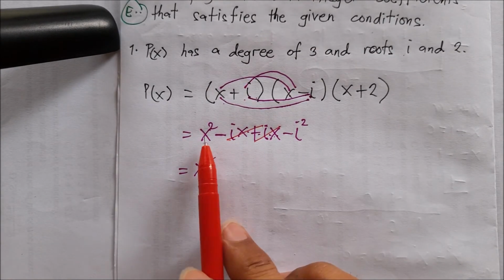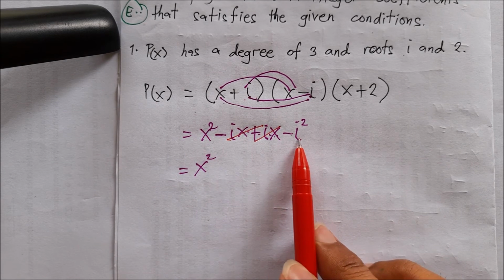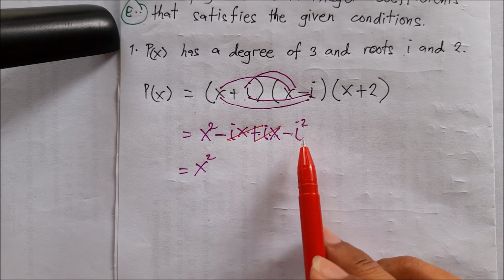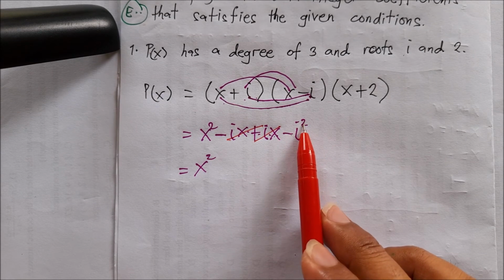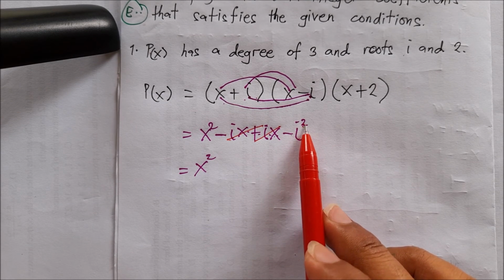Then the remaining is x raised to 2 and negative i raised to 2. What is the value of i squared? I squared is equal to negative 1.